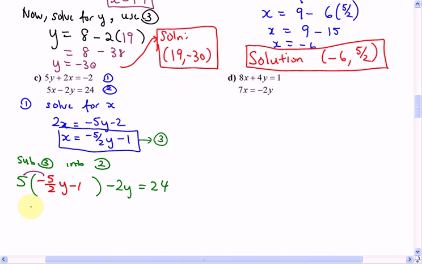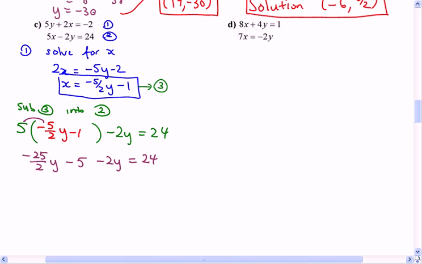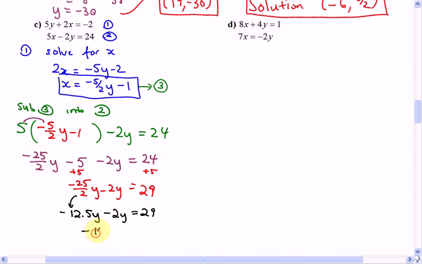Steps are the same for all these, so hopefully that's not too difficult. I'm going to change this one to a decimal just for those of you who like decimals. That's 12.5y minus 2y equals 29. And that's actually 14.5y equals 29.